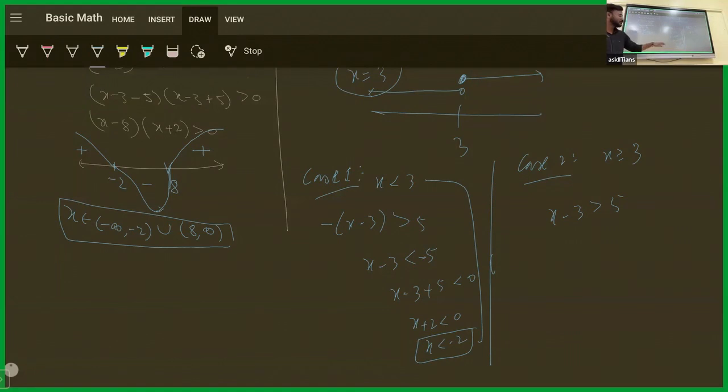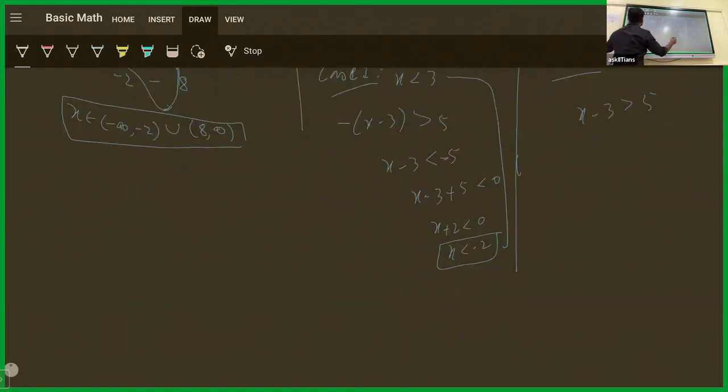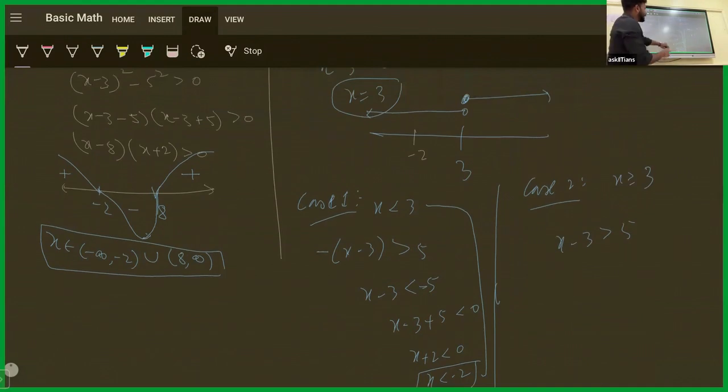So the answer for case 1 is x less than minus 2, x belongs to minus infinity to minus 2. Otherwise you can see on the number line, minus 2 will be somewhere here, and x is less than minus 2 is this part, and the common part is minus infinity to minus 2.